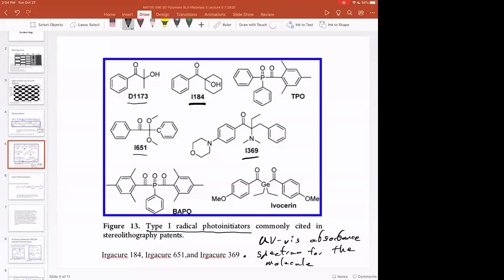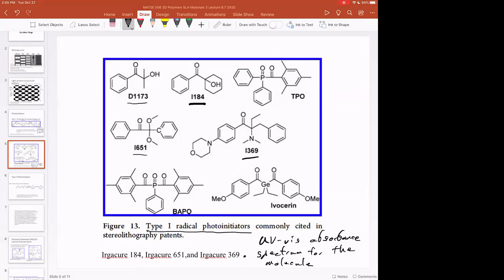And that will give you an idea of where you should illuminate these different photoinitiators to line up the light source, because you're usually using a laser light source, and so it'll be 1 wavelength. Or you have a broadband light source, so you need to figure out what the emission spectrum of your light source is to figure out how much light you have at different wavelengths. And you need to line that up with the right photoinitiator.